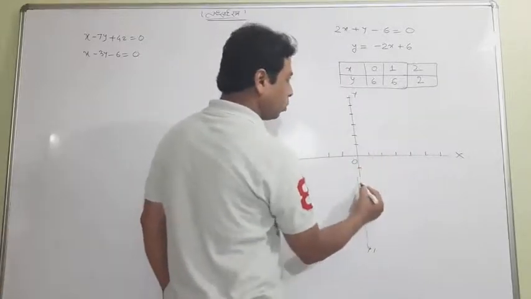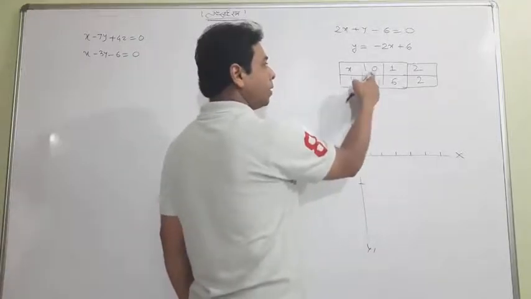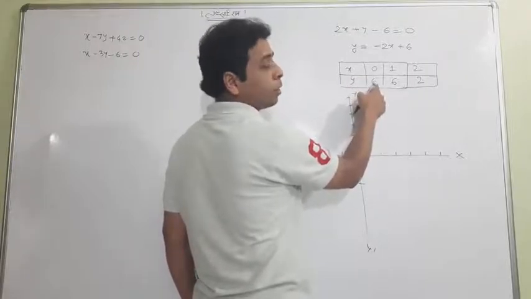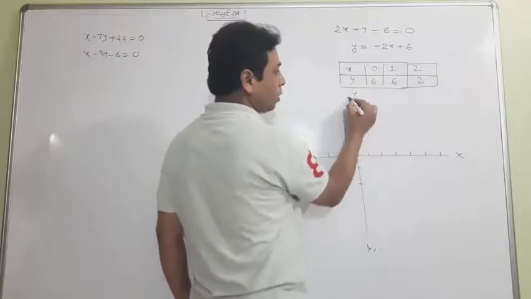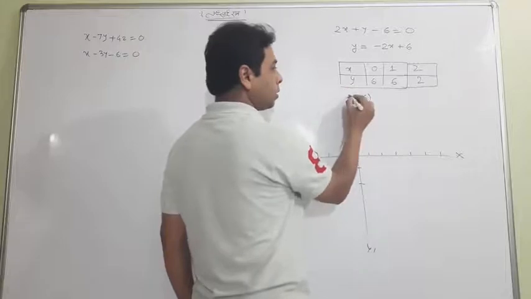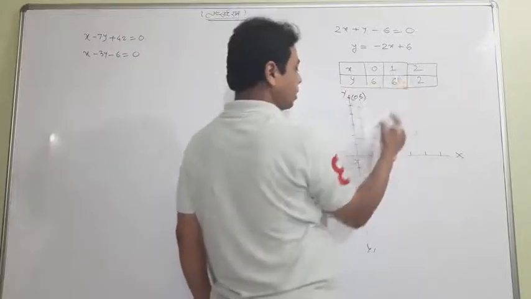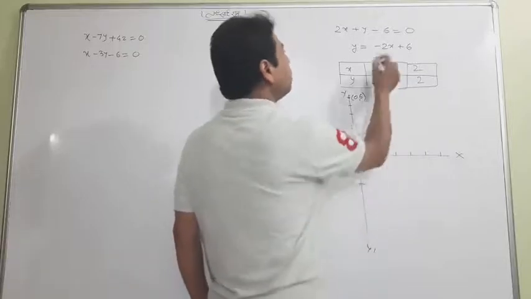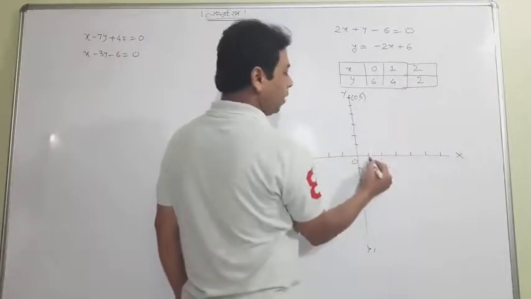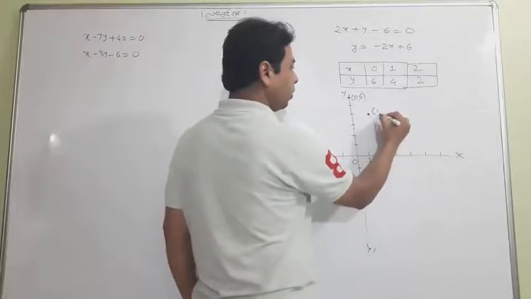Now (0, 6): the value of x is 0 and the value of y is 6, so it is lying on the y-axis, because x = 0. Furthermore, for x = 1, 2 ones are 2, so y is 4, the point (1, 4). Here it is 1 and 4.